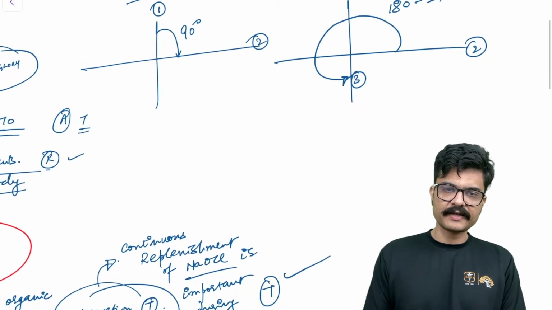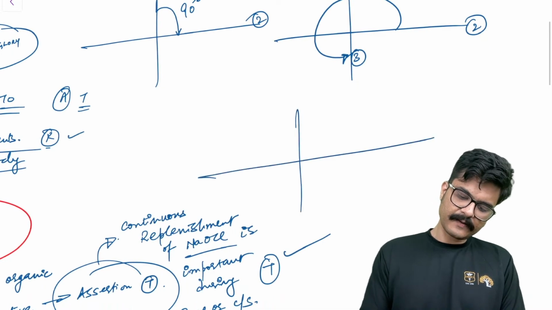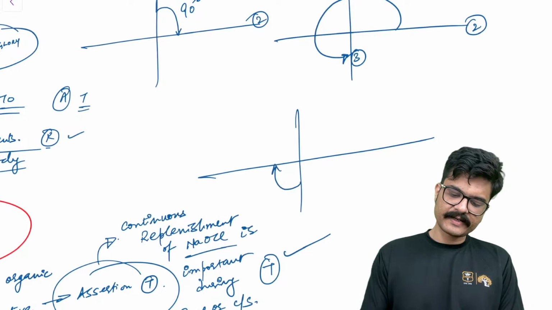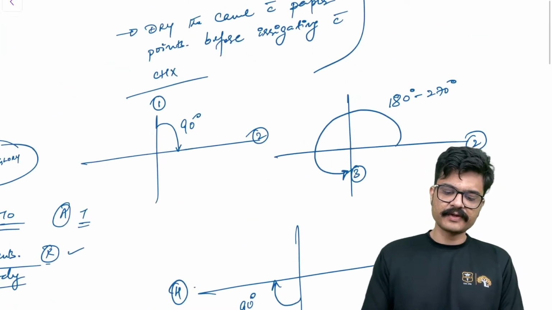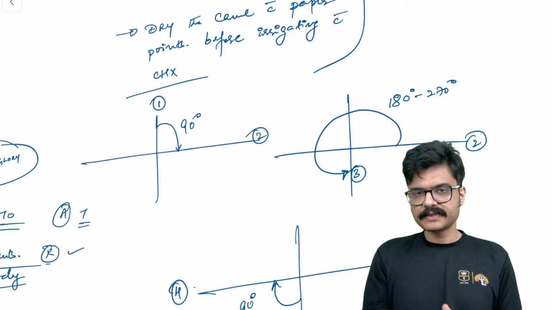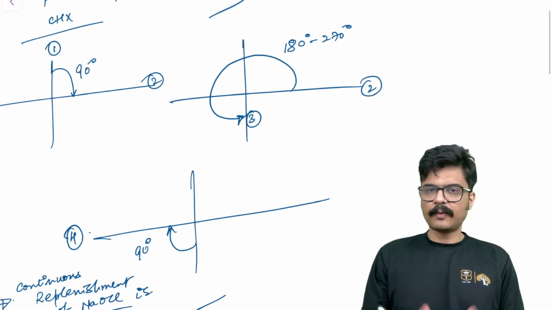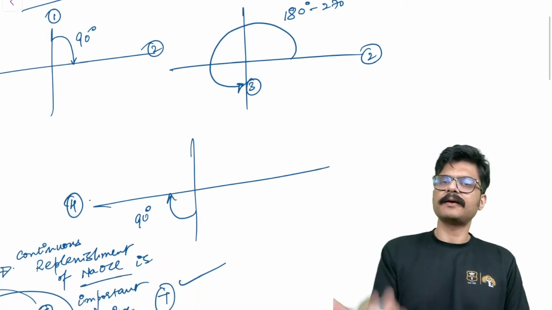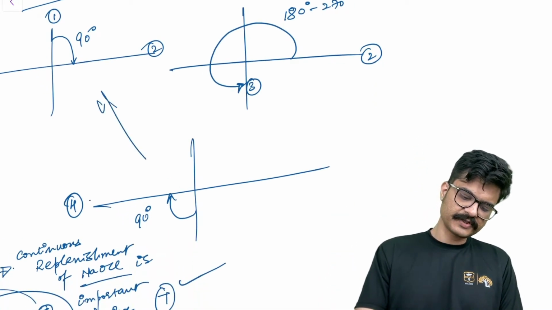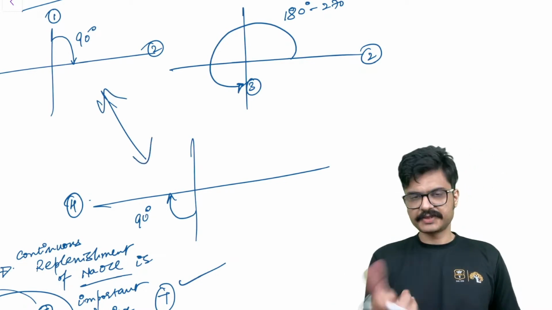Then what happens in a balanced force? Then again, you go back to the first step. That's 90-degree clockwise, right? So this becomes my fourth position of the file. So I started with the first position, made a clockwise turn by 90 degrees. Then I made an anti-clockwise turn by 180 to 270 degrees. Then I again made a clockwise turn, which is the same as the first movement, right?